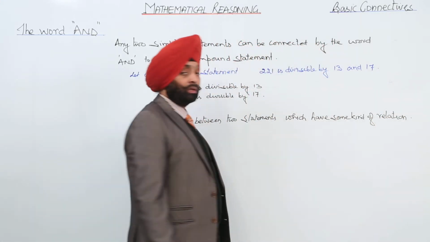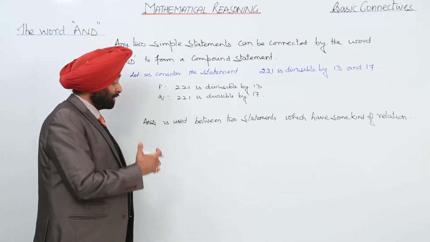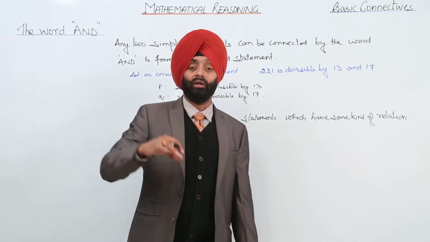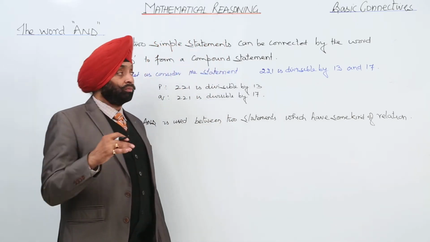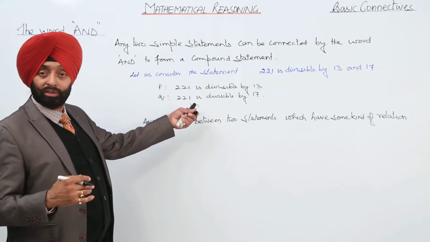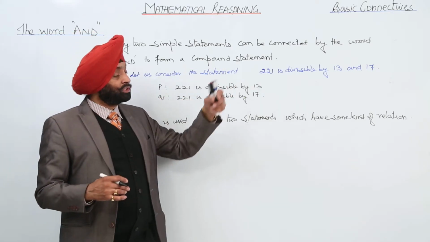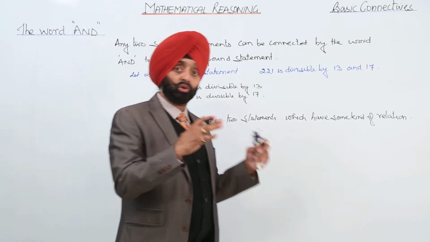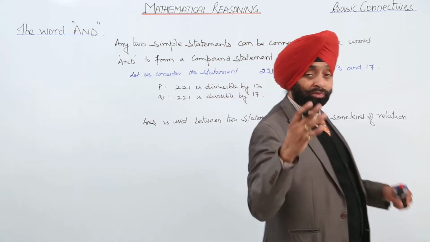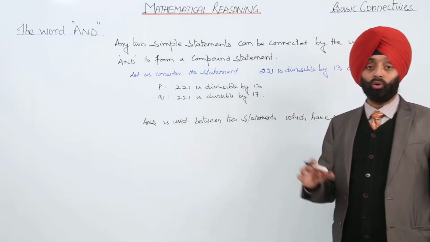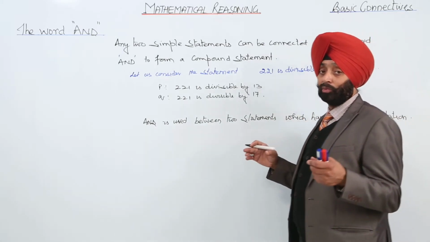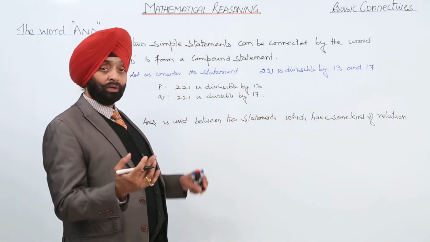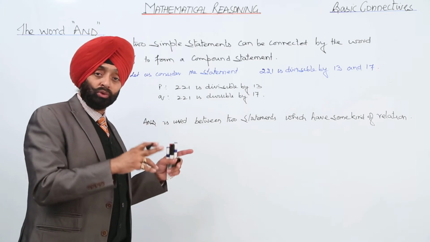For example, we have just given an example here: 21 is divisible by 13 and 17. When we have broken it, both have become statements: 21 is divisible by 13, and 21 is divisible by 17. So it shows some relation with 13 and 17 of 21.